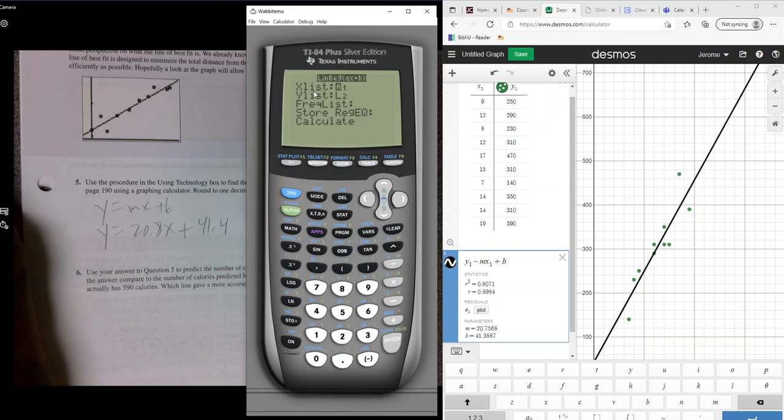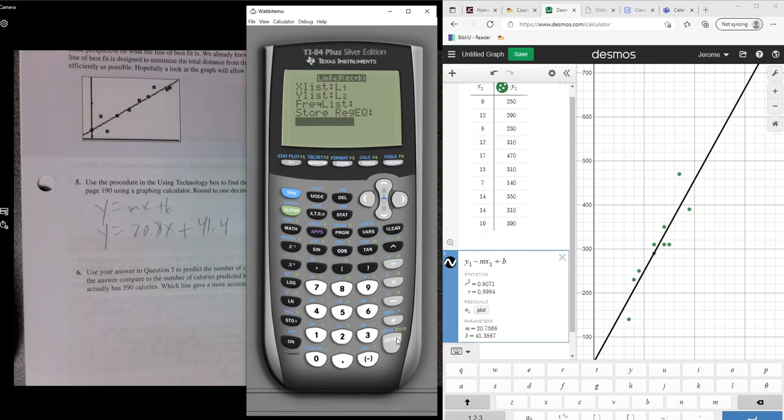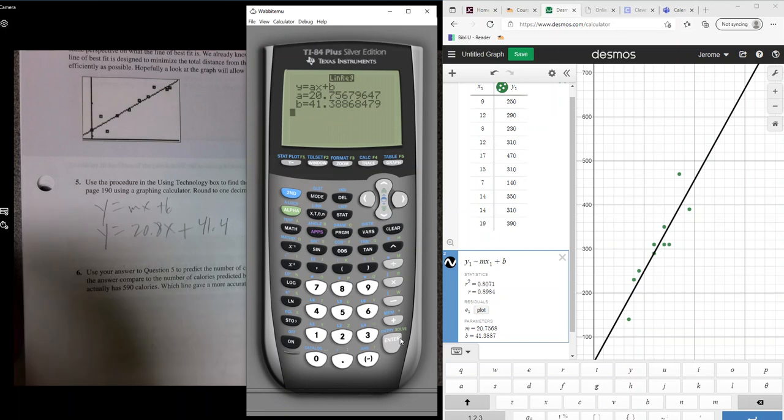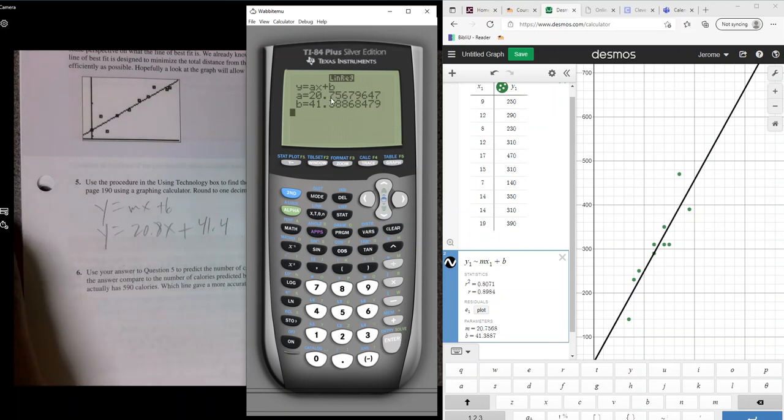Now this frequency list and the store regression equation, both of these should be empty. And so you go down to calculate and press enter. Now it gives you your A and B. And if you round this to one decimal place, this would be 20.8 and 41.4, which is what we got here. So it does work.